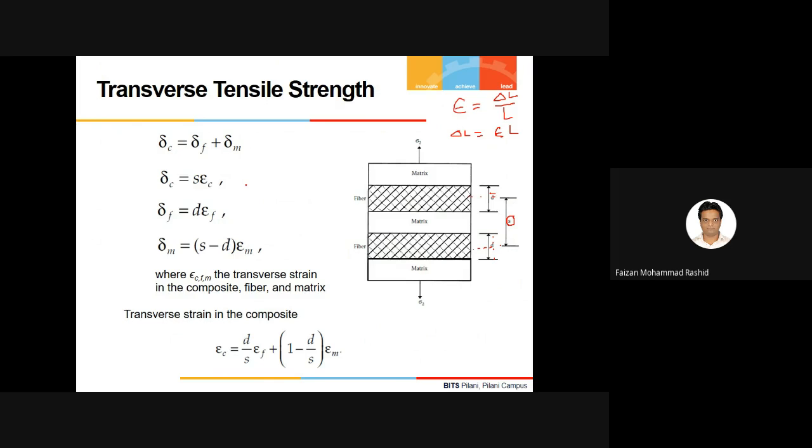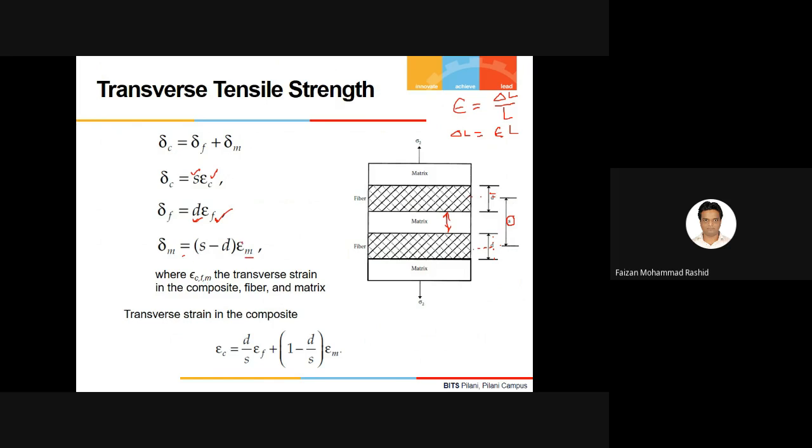Okay, so what is this one? Strain in the composite material into the initial thickness, and strain in the fiber into the thickness of the fiber, and strain in the matrix will be equal to S minus D, and this one like this one.